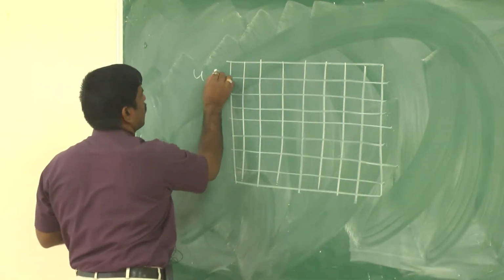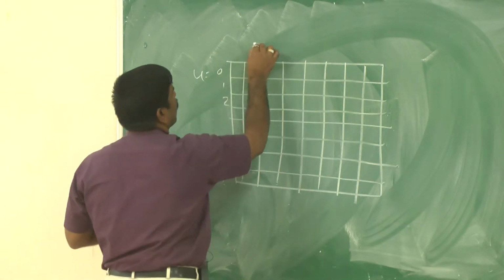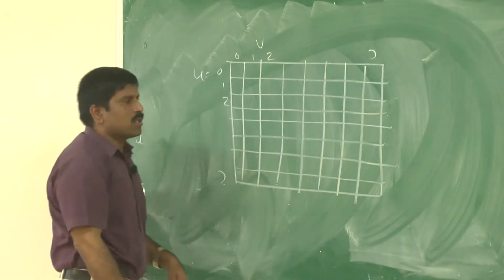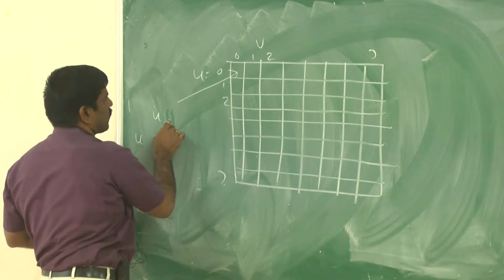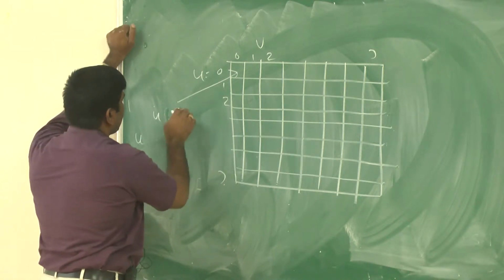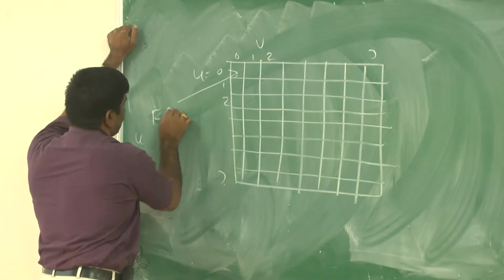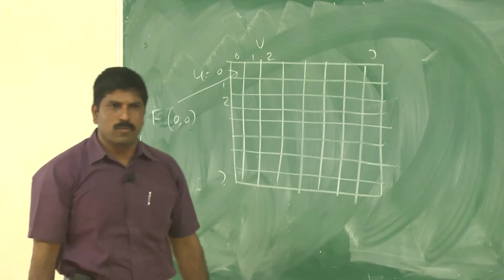U is equal to 0, 1, 2, up to 7, and V is 0, 1, 2, up to 7. So this is the value of U and V as 0, 0, that is f of 0, comma 0. This is the DC value.